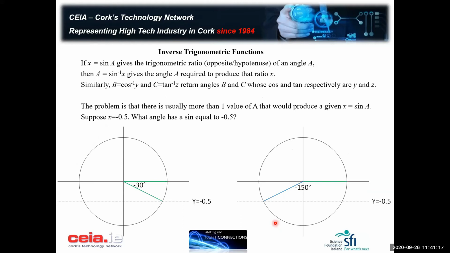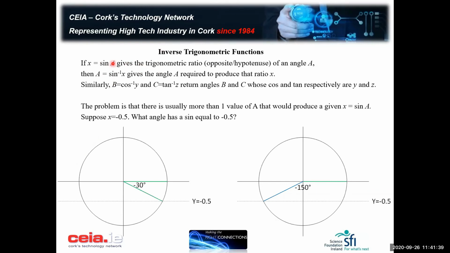Okay, inverse trigonometric functions. The normal trigonometric functions, sine, cos, and tan, give you the ratio, whether it's opposite over hypotenuse or adjacent over hypotenuse or opposite over adjacent. It gives you one of those ratios for a given angle.